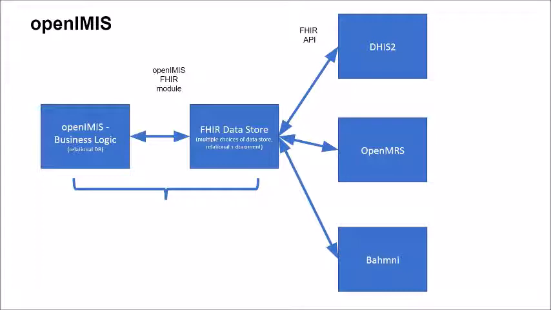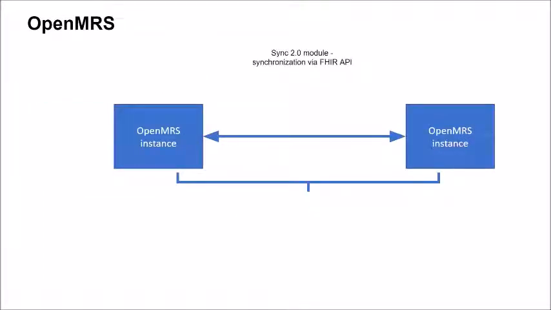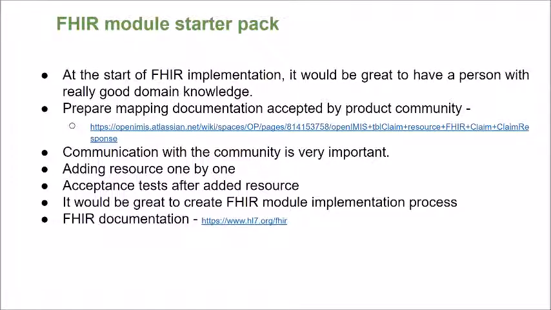Our job was also to verify and connect openIMIS, so I will also talk about it briefly. In openIMIS, we also made some synchronization via FHIR using the Sync 2.0 module, between one openIMIS instance and another openIMIS instance.